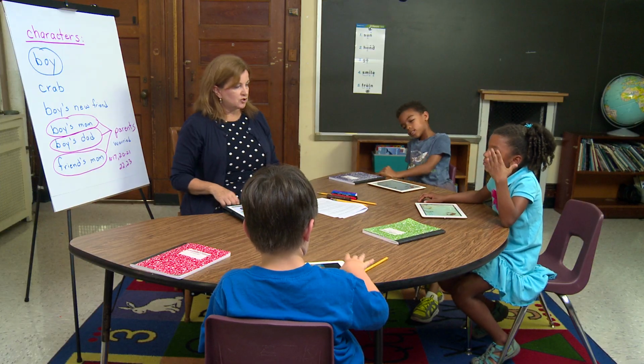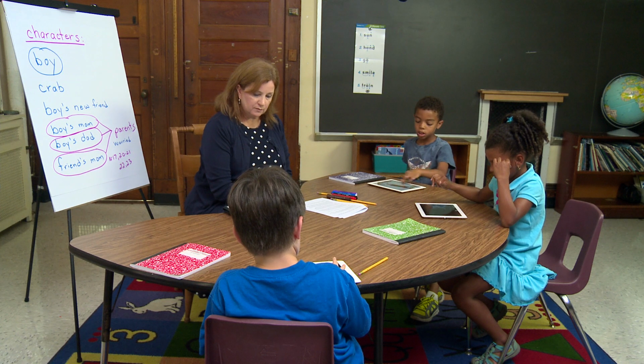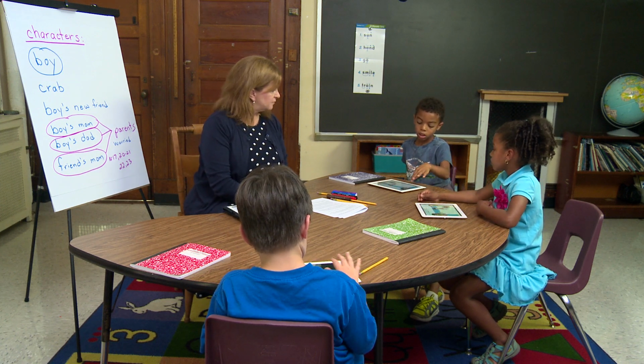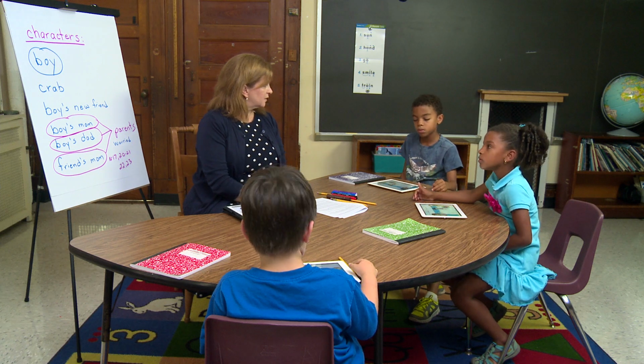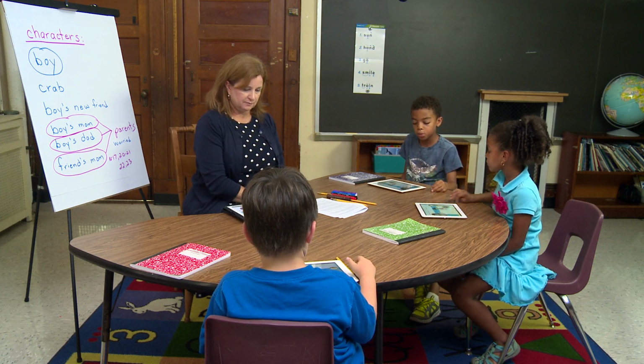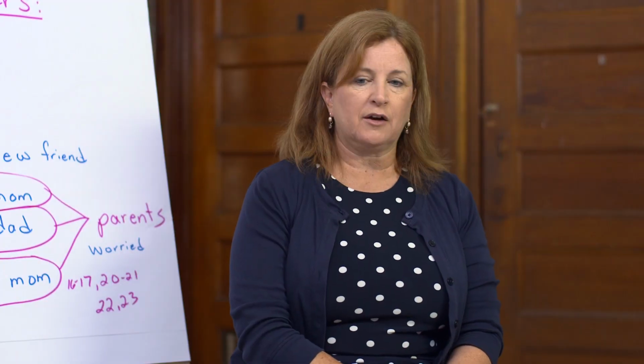Let's look on pages 14 and 15. Colby, would you read those pages for us, please? Her mom yelled for more sunblock. We say goodbye. Tell me what's happening on those two pages.